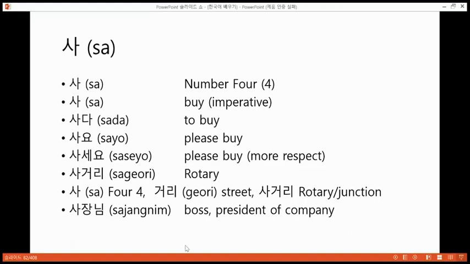So when you go to Korea to work, you have 사장님. 사장님 is the boss. If you go to Korea to study, you have 선생님. 선생님 is teacher. If you go to Korea to marry, you have 남편. 남편 is husband.